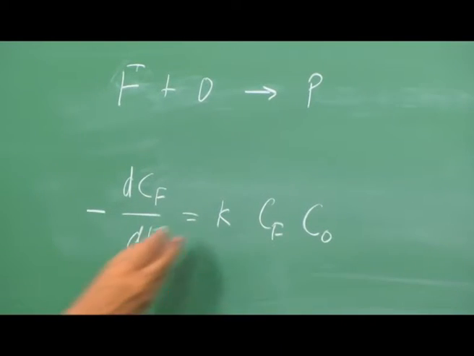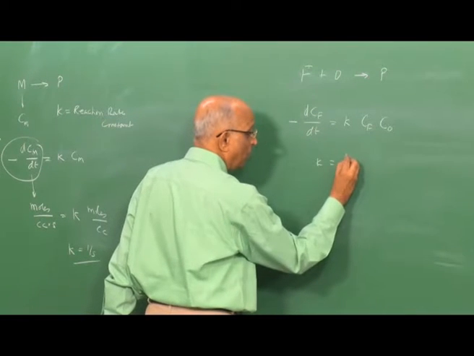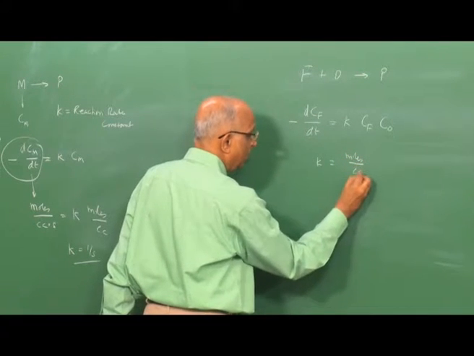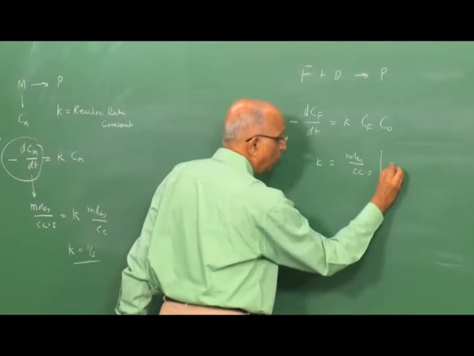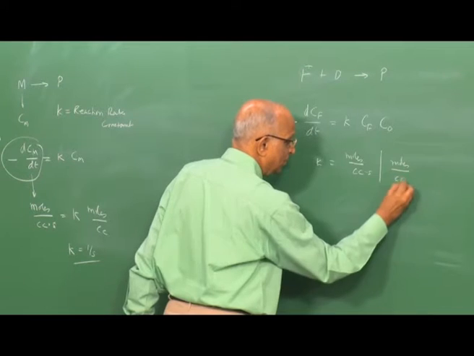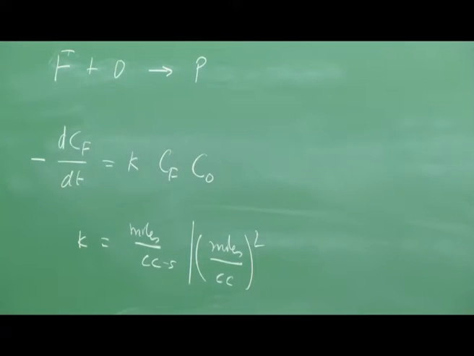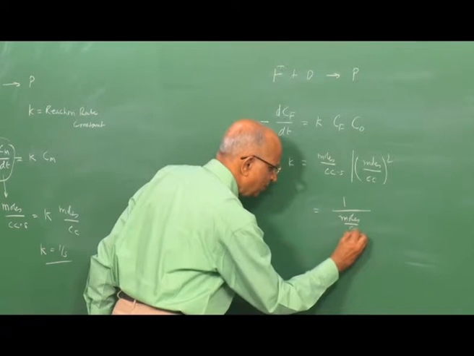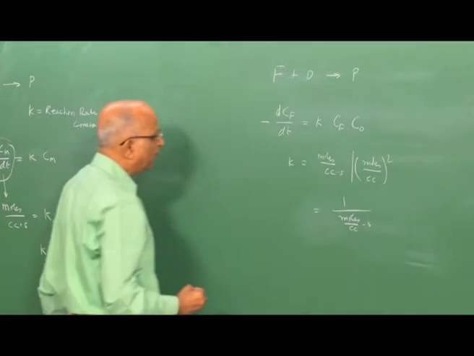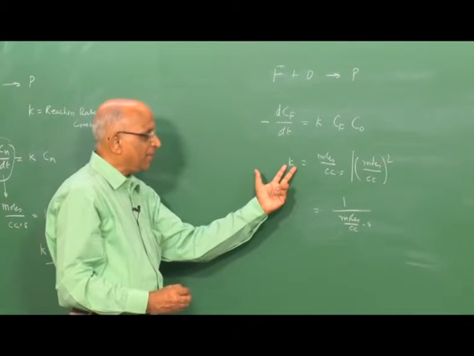Therefore, the unit of K in this case is going to be, well, in this case I have moles per cc second divided by moles per cc square, because K, I bring it to the denominator here, and the unit of K in this case becomes 1 over moles per cc into second. Therefore, depending on the type of reaction, the unit of the reaction rate constant changes.